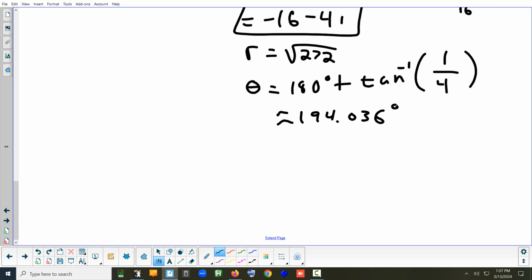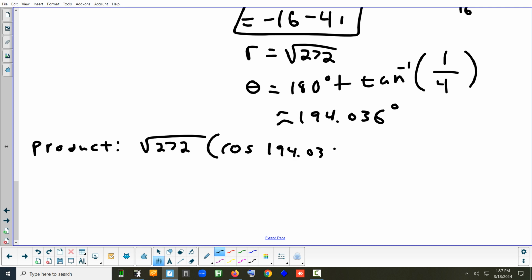Okay, now what I want to do is copy down the two answers we had before, write this answer down, and see if you can see a connection between them. So the product is square root 272 cosine 194.036 plus i sine 194.036. And the two things that we multiplied together to get that, those were the factors.